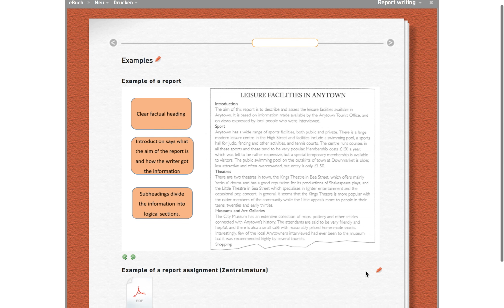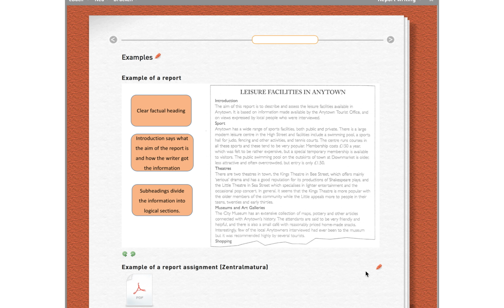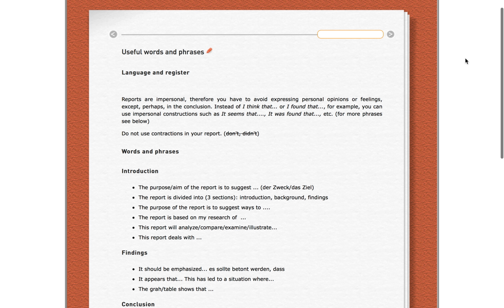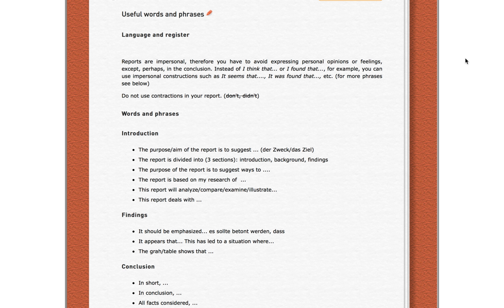Yes, you'll also find more report assignments from the Zentralmatura on this page. I've also included a list of useful words and phrases. First of all, reports are impersonal. That means that you're not supposed to give your own opinion.